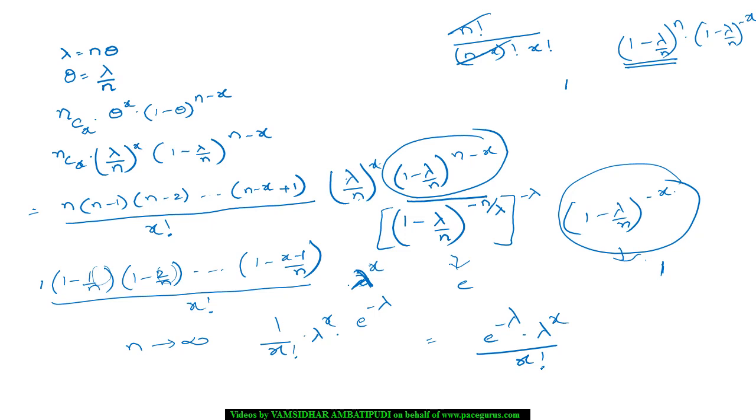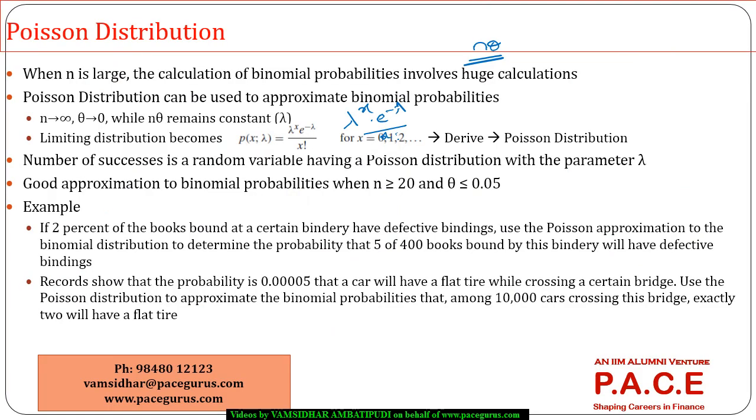This is the kind of derivation that we can go with when we are dealing with an approximation to a binomial distribution as a Poisson distribution. So the number of successes is a random variable having a Poisson distribution with a parameter lambda. What we typically see is that the Poisson distribution is a very good approximation to the binomial distribution when n is greater than or equal to 20 and n theta is less than or equal to 5.